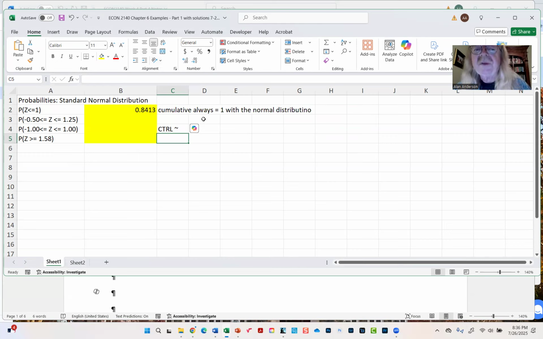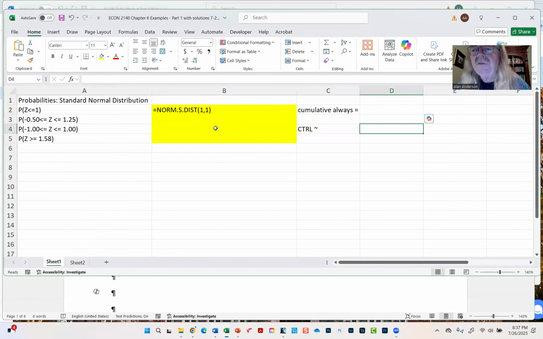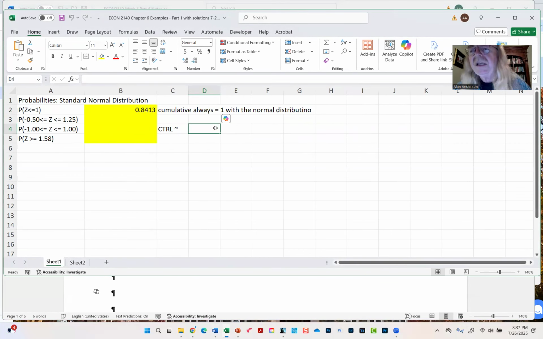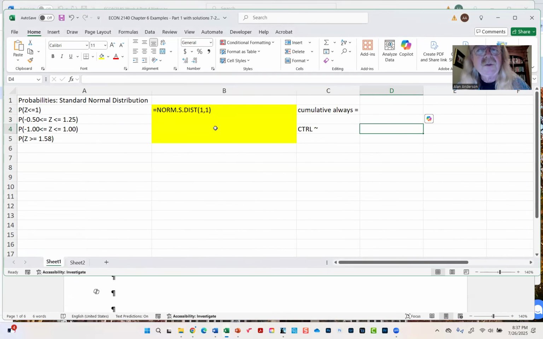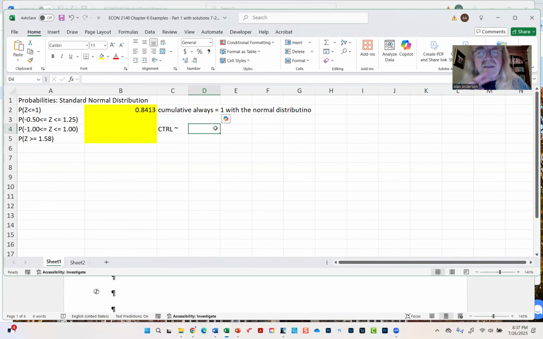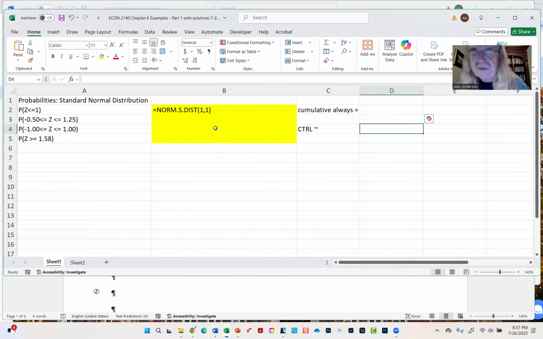So if you keep flipping back and forth with Control tilde, this way I'm seeing the formula, this way I'm seeing the answer. It's a very handy tool to go back and forth, and it also shows you the entire spreadsheet. There's other commands for single cells; this is just for the entire spreadsheet. So remember, Control tilde, whether you have a Mac or PC, it's the same. This is one of those rare cases where the commands are the same on both a Mac and a PC. And also Control, I think, is the same in both anyway.